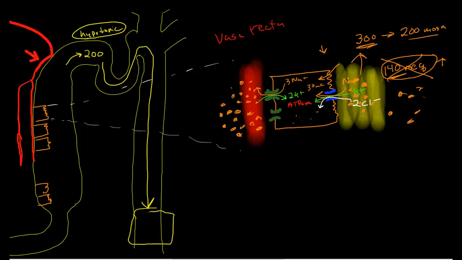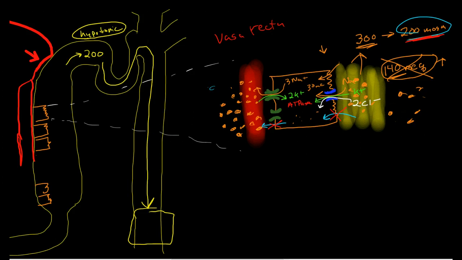down along with the sodium, right? So we'd have water that follows here and water that follows here. It wouldn't change the osmolarity in the tubule or the vasa recta at all. However, in the ascending loop of Henle, the cell is impermeable to water, and that is why we have changes in the concentration.